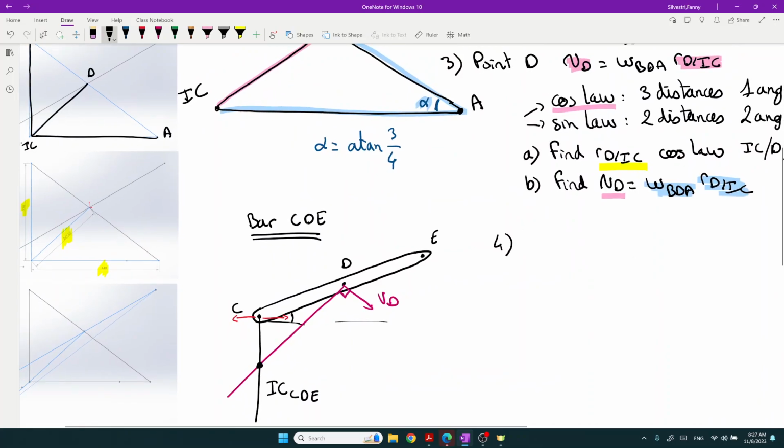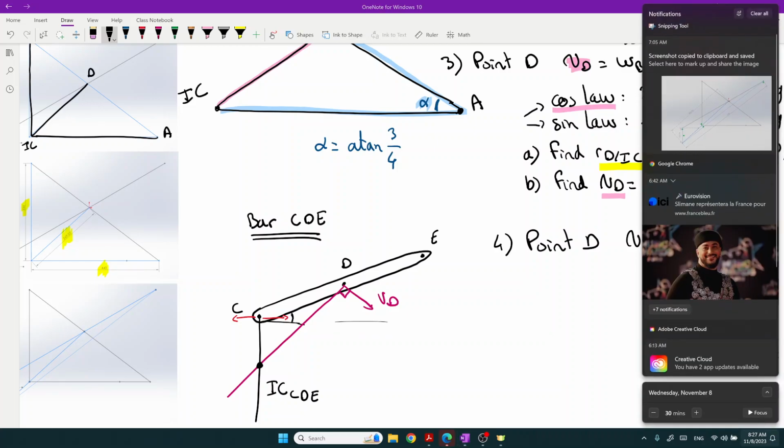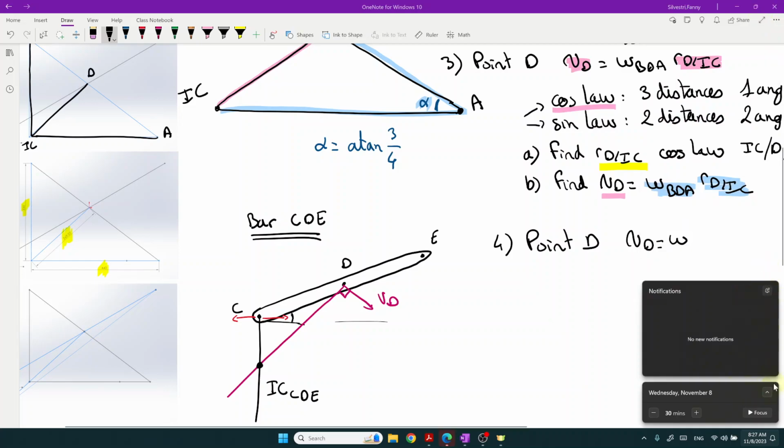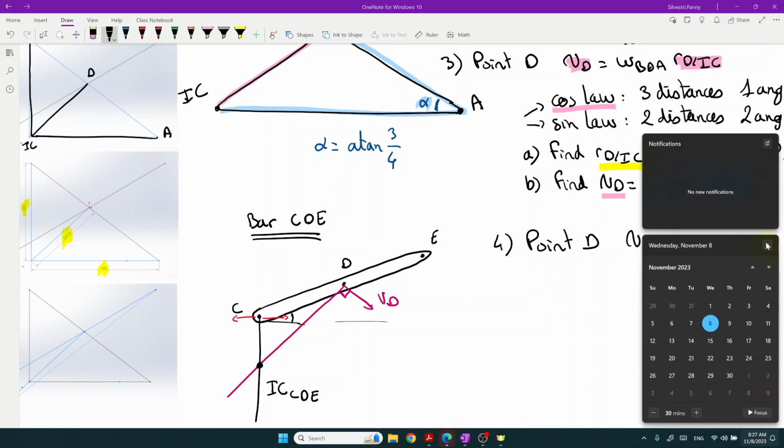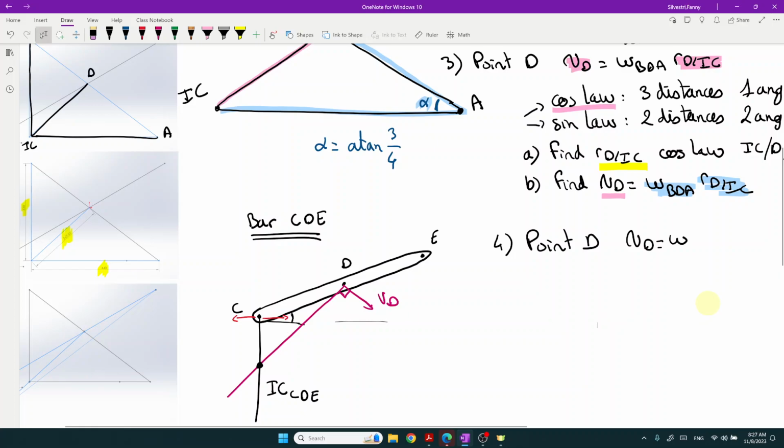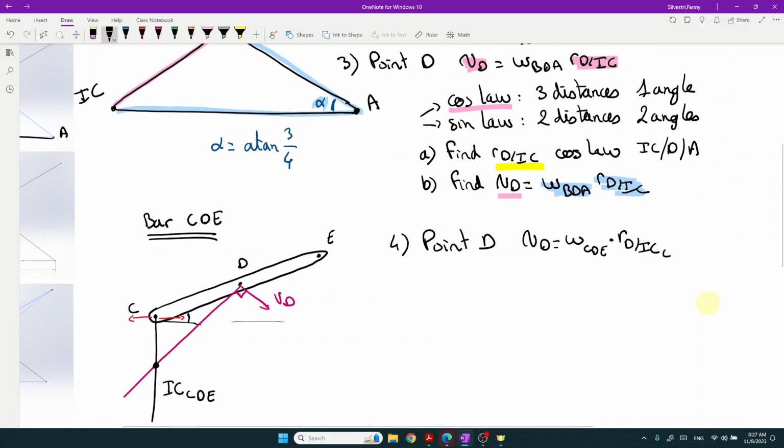Step four. Let's use the point D again, because that's the only place where we have any information. We have the formula VD equals omega CDE times RD about the IC, and this is the IC of CDE.